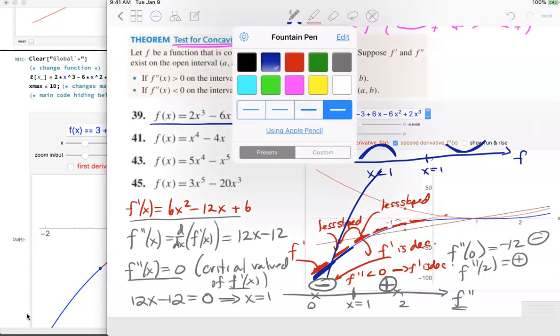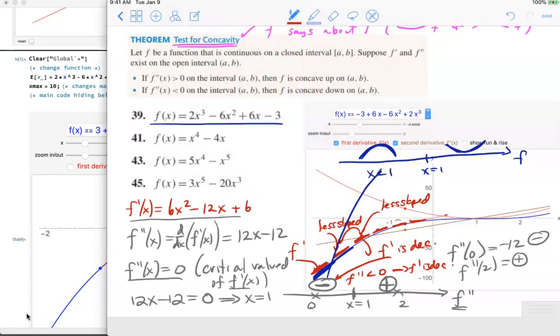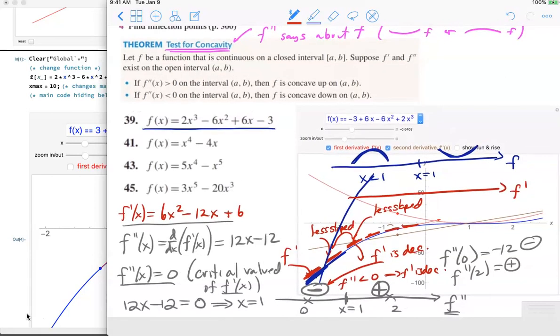And then if we couple that with a sign line for f prime, we would see that the derivative is equal to 0 also at x equal to 1. f prime at 1 is equal to 0.